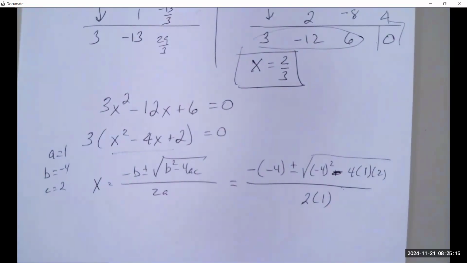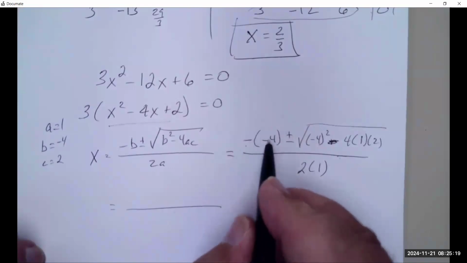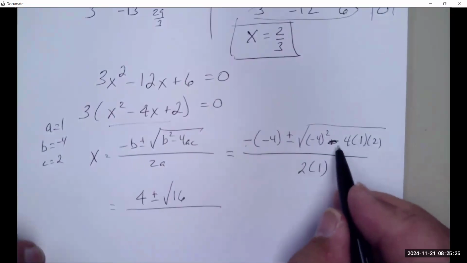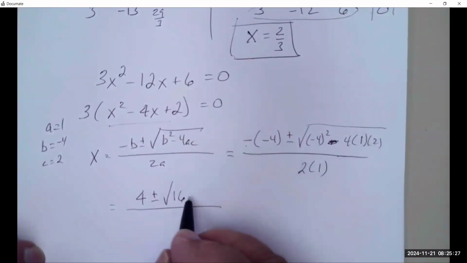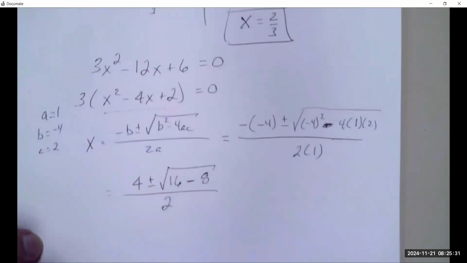It's just plug and play from here. Negative and negative makes it a +4. -4 squared is +16. Negative times positive is negative. 4 times 2 is 8, over 2.